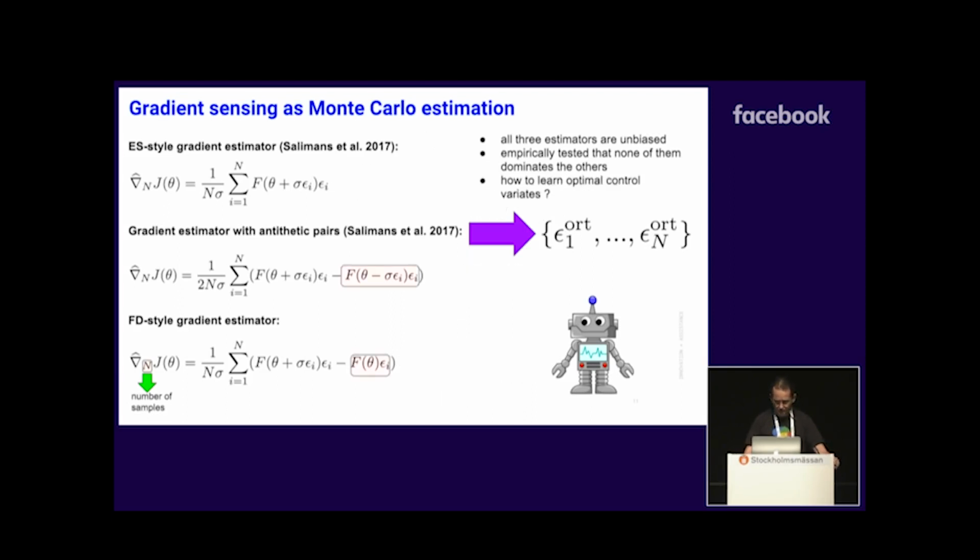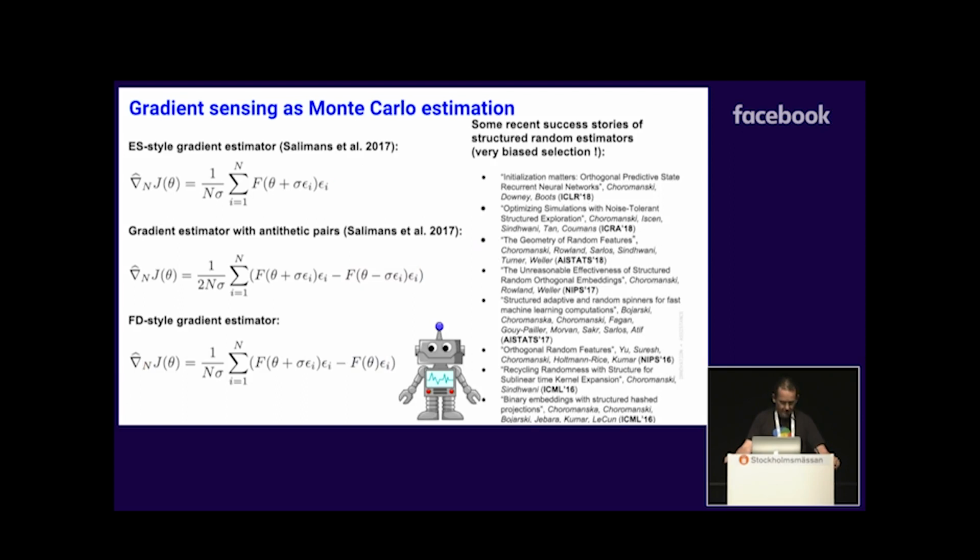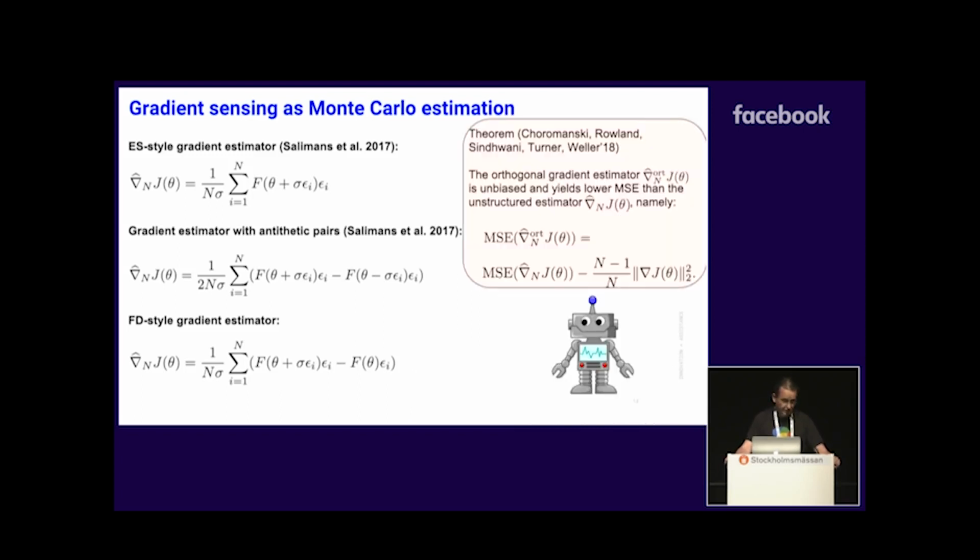One thing I want to mention is that the orthogonal trick is not valid only in the policy learning setting, but it was actually applied successfully in kernel approximation with random feature maps, recently even recurrent neural networks.